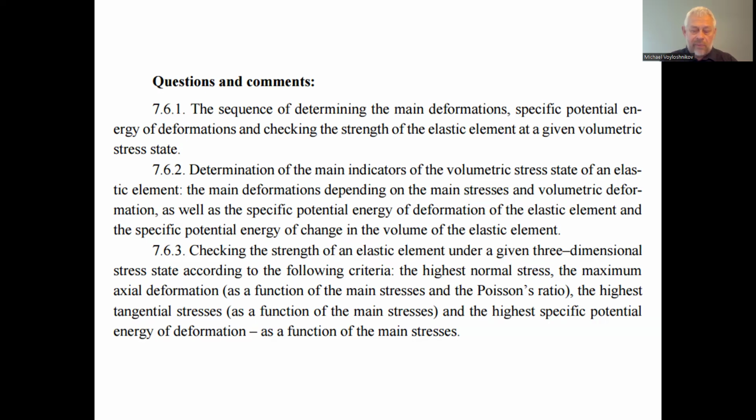Although we have the assignment to check the strength of the segment of the mechanical body by the criterion of the highest specific potential energy of deformation. So we have a slightly more complex formula. As part of it, under the root, one of the summands corresponds to the check by the maximum tangential stress, about the same.